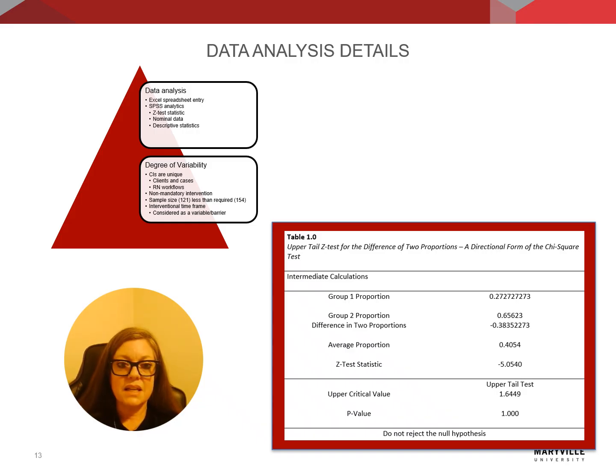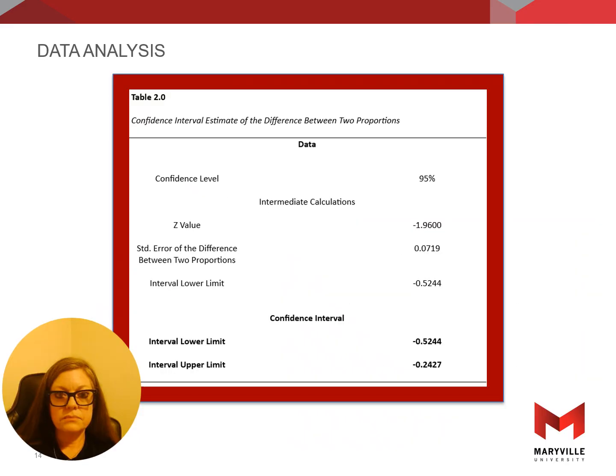The z-test statistic was negative 5.054, which indicates that there was a statistically significant difference between the two proportions. The difference between the proportions, also called the effect size, was negative 0.384, with the standard error of this difference equal to 0.72.